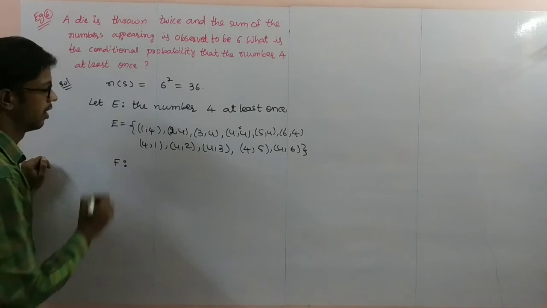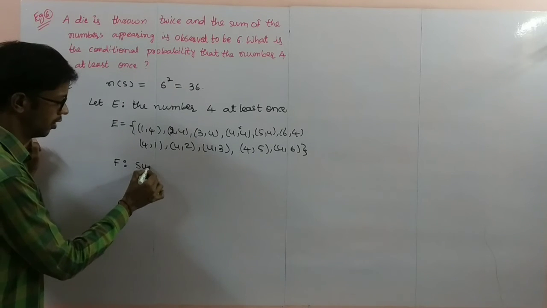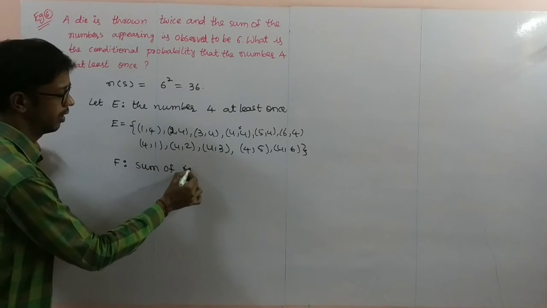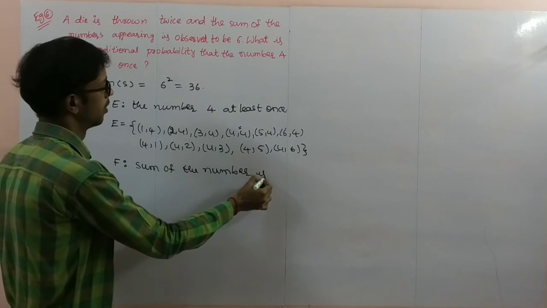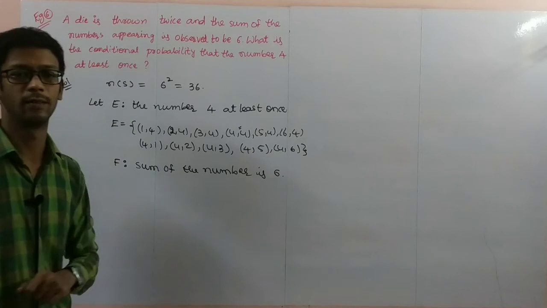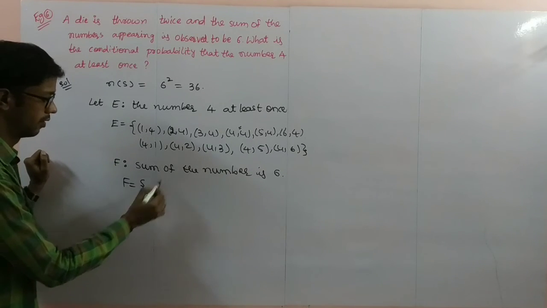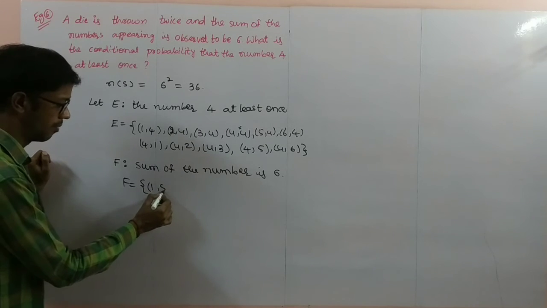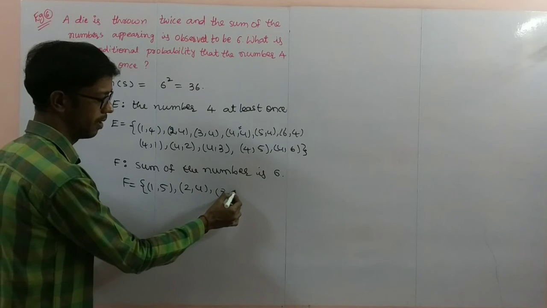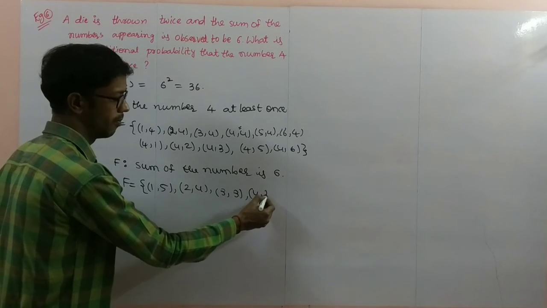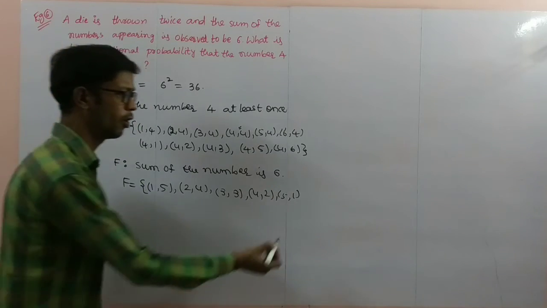Next, F I am taking. F is the sum of the numbers to be 6. F is the set 1,5; 2,4; 3,3; 4,2; 5,1. Any more possibilities?